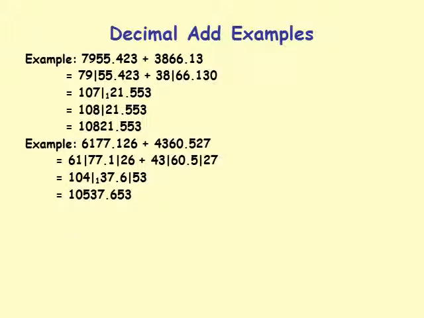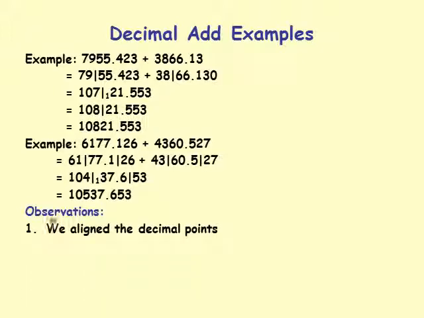After we resolve the carry, it's 10537 decimal 653. We added these two numbers together. Flags matched: 6177 decimal 126 plus 4360 decimal 527, and the answer is 10537 decimal 653. Let's continue.